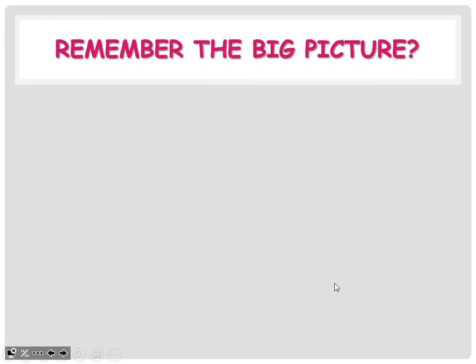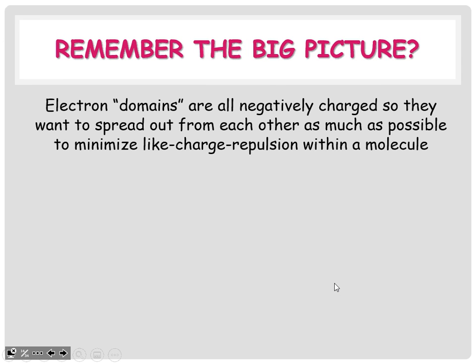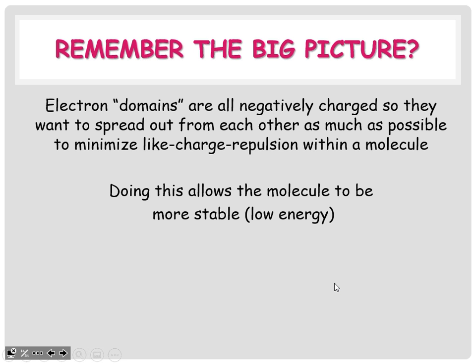Now, remember the big picture here, folks. Electron domains are negative charges, so they are spreading out as far as possible due to their repulsion. Doing this allows the molecule to be most stable.